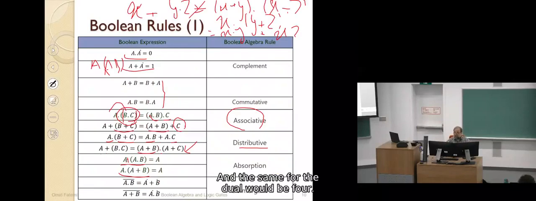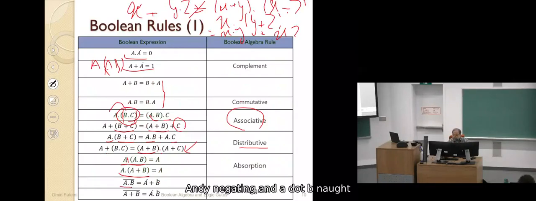And the same for the dual: negating A dot B is A naught plus B naught. Dual: AND becomes OR, OR becomes AND.